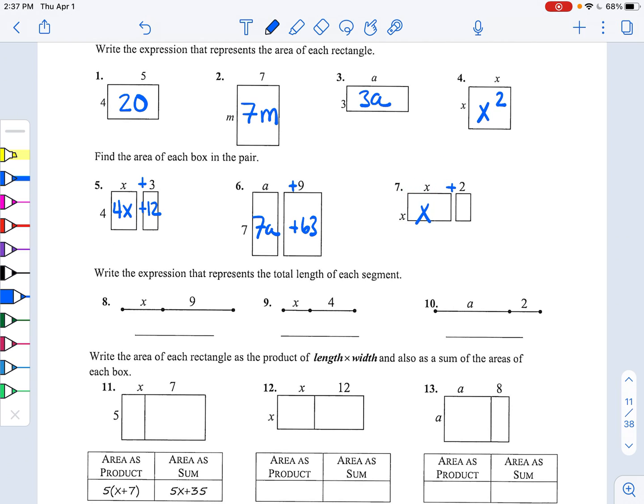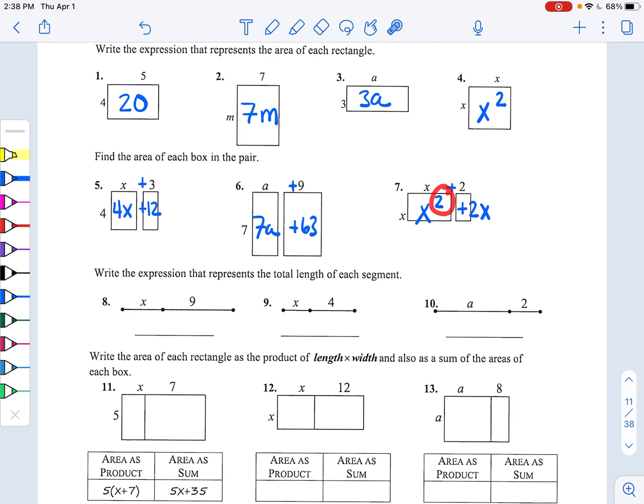Number 7, x times x. X times x is x squared. And then x times 2 is positive 2x. And no, these are not like terms, ladies and gentlemen. They're not like terms because they don't have the same exponential power.